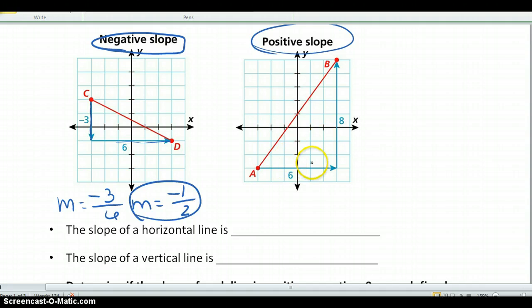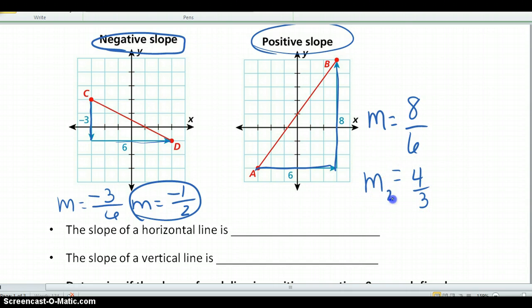This positive slope, if I look at the vertical change, it's 8. So my rise is 8 over the horizontal change is 6. And then if I reduce that, I would get 4/3. So if I call this line 2 and this line 1 has a slope of negative 1/2 and line 2 has a slope of 4/3.